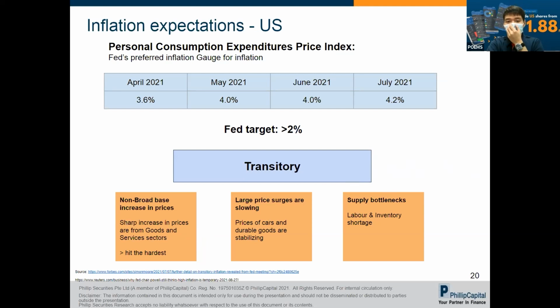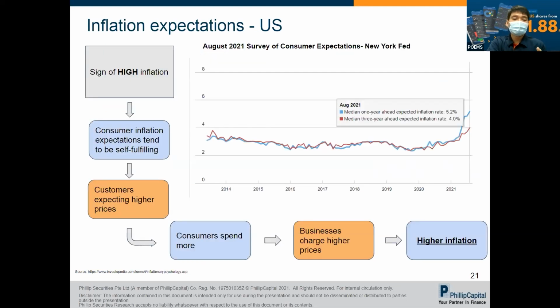Despite the Fed's view that inflation is transitory, consumers in the US think it's here to stay. As you can see from the New York Fed survey, the majority of them believe that inflation a year later will be as high as 5.2%.